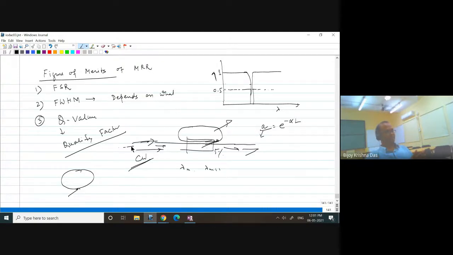Whatever I am bringing, the same thing is being lost, but at the same time, I have certain energy stored in my ring resonator. If I want to quantify that energy, that is actually the Q value.